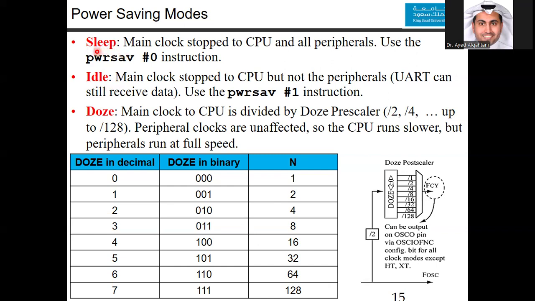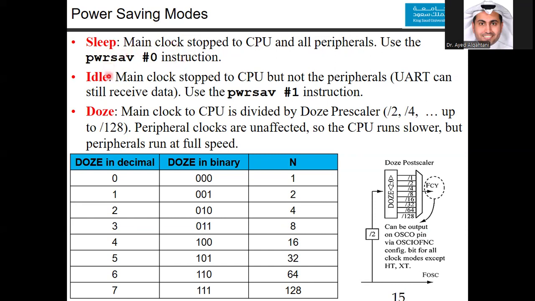In the sleep mode, the main clock is stopped to the CPU and all the peripherals. And you do that by having this instruction, which is PWRSAV #0 or the reserved word SLEEP in capital letters.